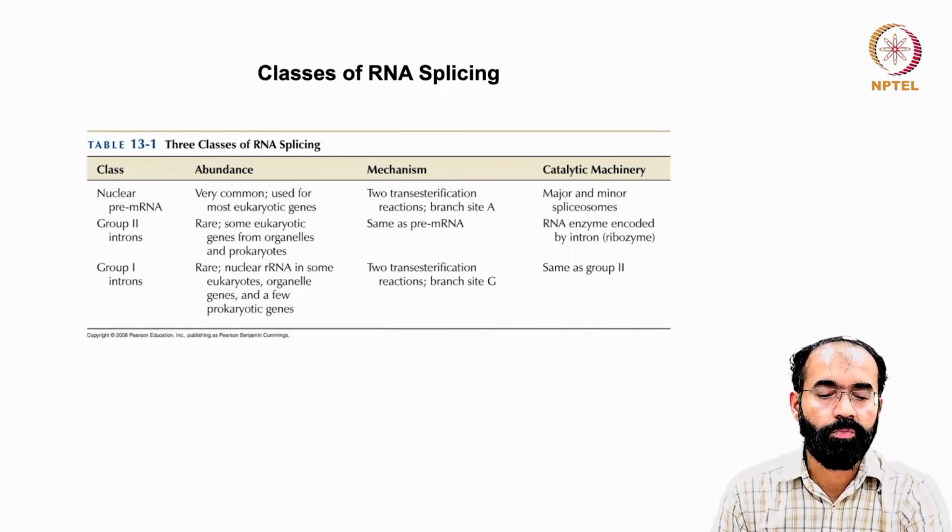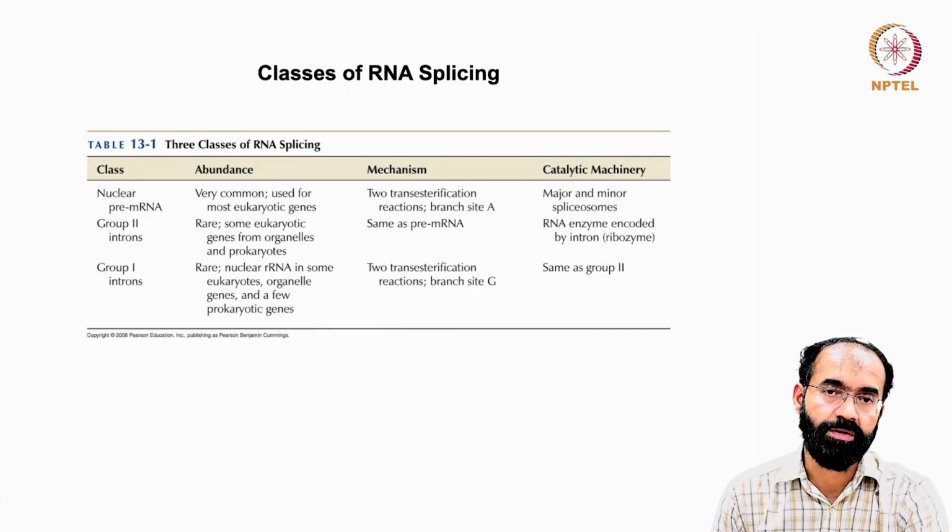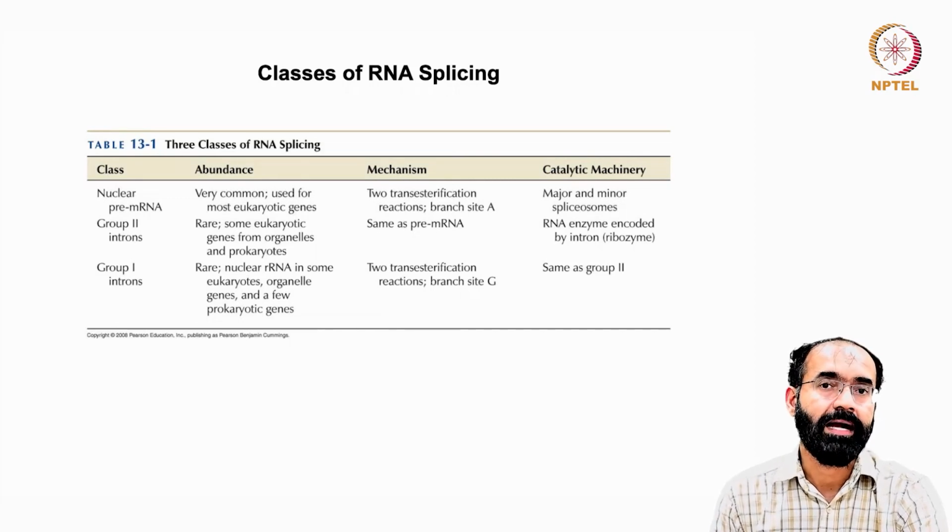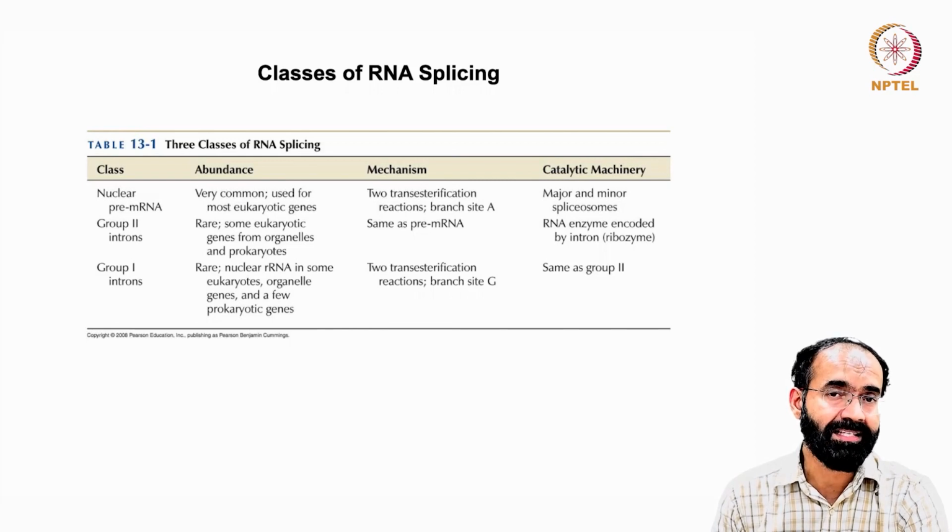Group 2 and group 1 introns we saw from the ribozyme stage itself. They are not common, they are rare. They occur in some eukaryotic genes from organelles and in prokaryotes. Organelles means mitochondria in plants and animals, and plastids in plants like chloroplasts.